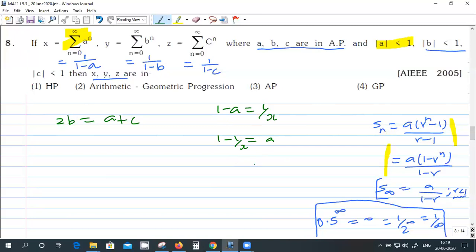Once you get this, you don't have to do manipulations. You just have to replace b with 1 minus 1 by y and c with 1 minus 1 by z.